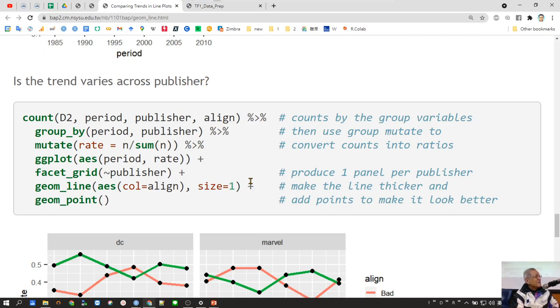Okay, so business data exploration is not only about the global trend, global structure, global phenomena.